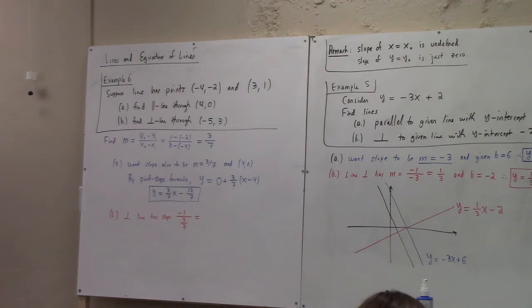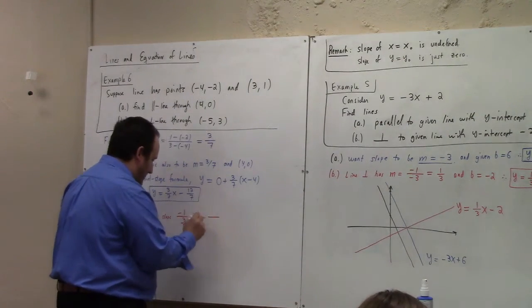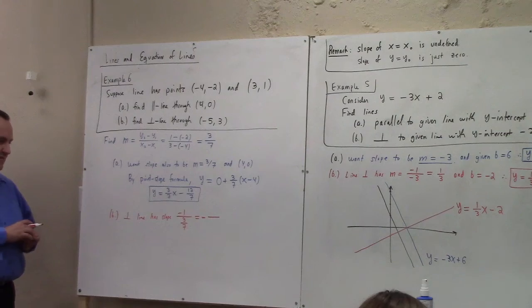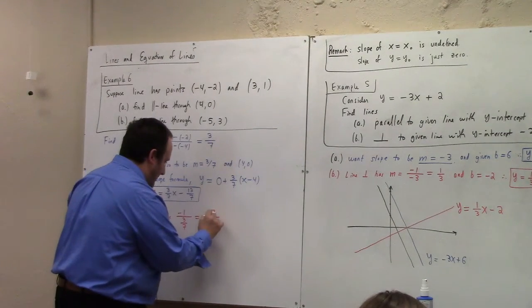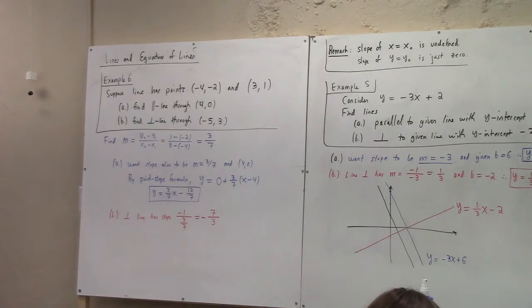No one knows? How can I rewrite minus 1 over 3/7? Minus blank over blank. What's the numerator? 7. All right. And the denominator? 3. So when we reciprocate a fraction, we just flip it, right? The minus stays out front. So the 1 over 3/7 is 7/3. And so the slope is minus 7/3.